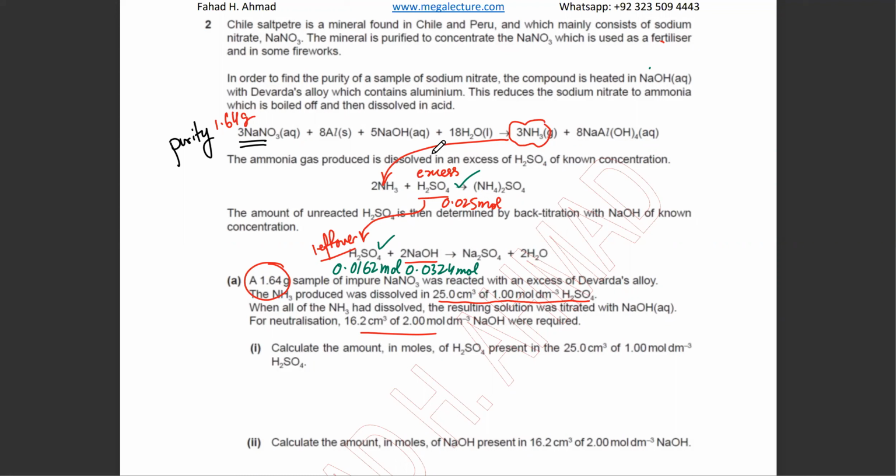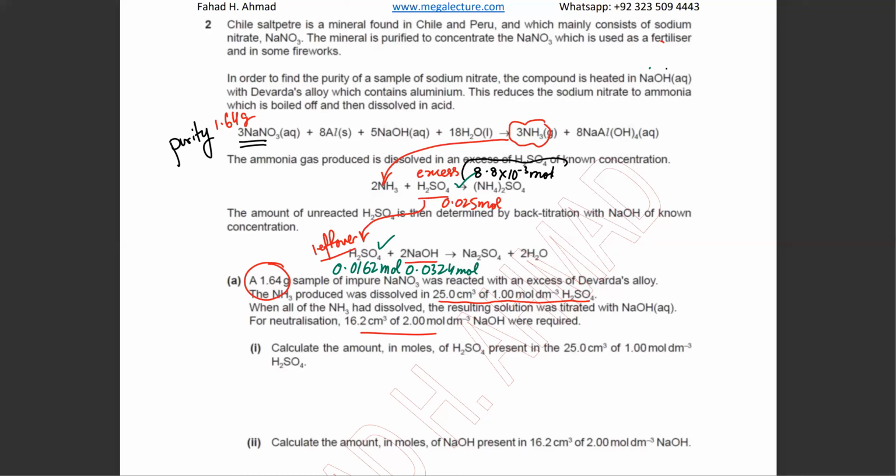So can you tell me how much sulfuric acid actually took part in the reaction with NH3, or got used up? 0.025 minus 0.0162, what do you get? What is 0.025 minus 0.0162? 8.8 into 10 raised to power -3. So that means it's 8.8 times 10 power minus 3 moles.